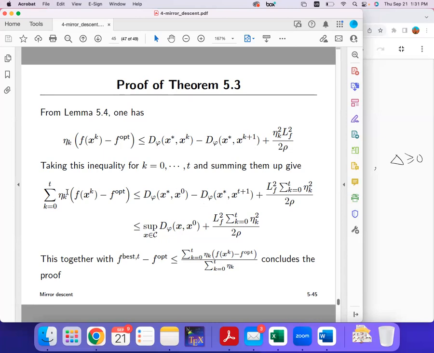Now for the left-hand side, I can lower bound this summation by the minimum function value among the first T iterations. And then I can take this as a common factor, so I can divide it to the right-hand side. So in the end, we can prove the convergence rate result.